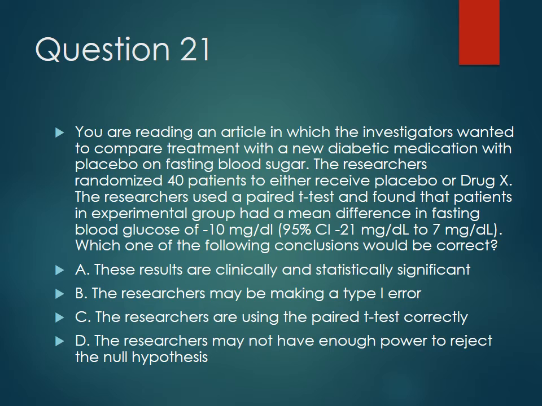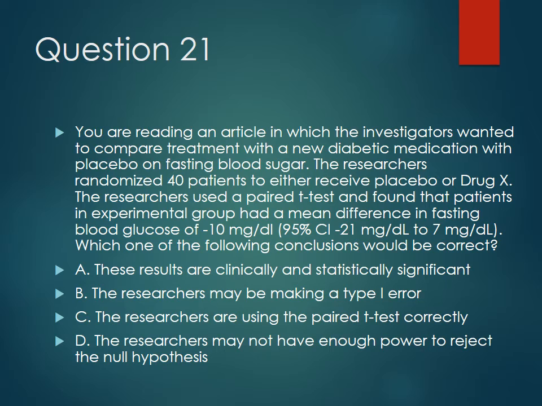In this case, when you subtract one mean from the other, you get a mean difference of 10 milligrams per deciliter with a confidence interval that ranges from a negative number to a positive number. So that's going to encompass 0, and based on that, we can already rule out the statistical significance of this finding. Now, it could be clinically significant, may not be. That's a little more subjective, but even though we don't have a p-value, we can already rule out A and say that this is not statistically significant.